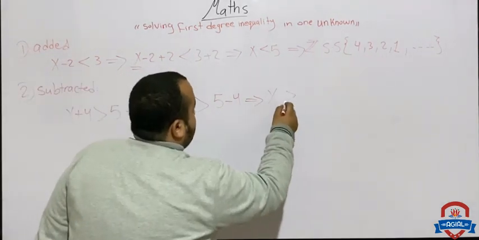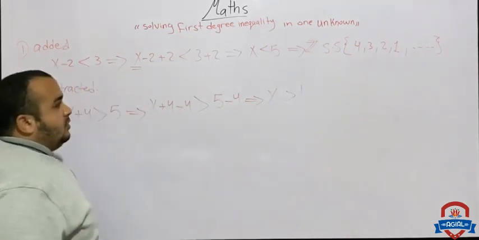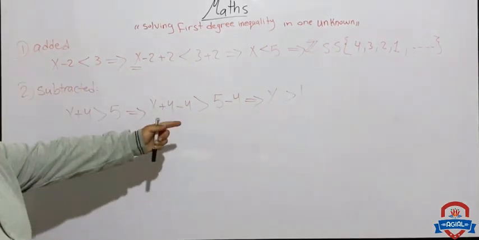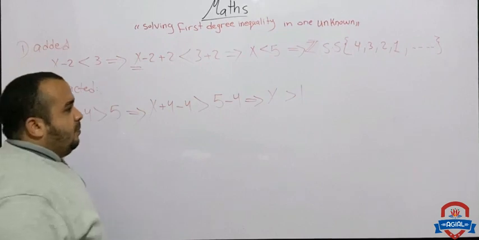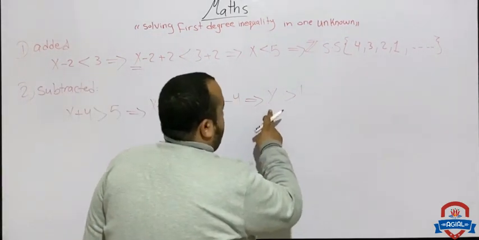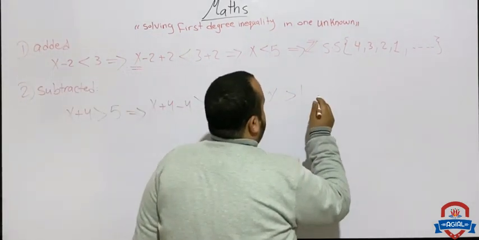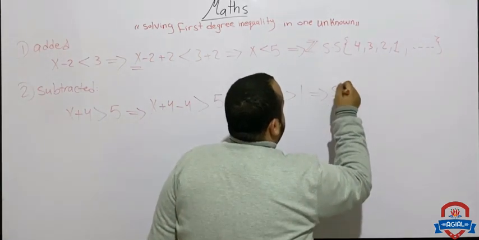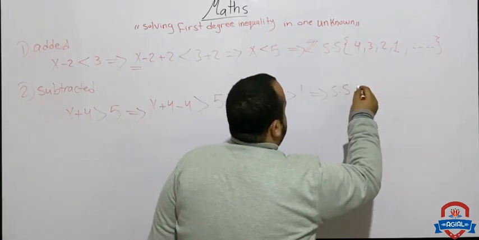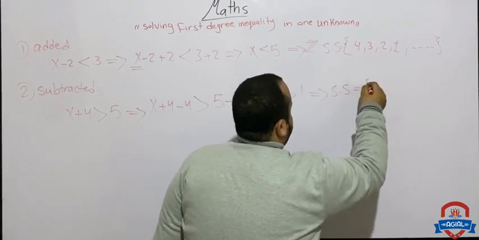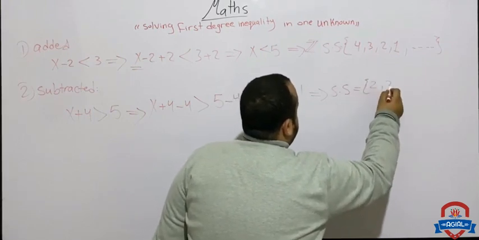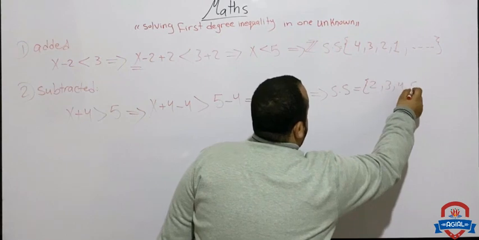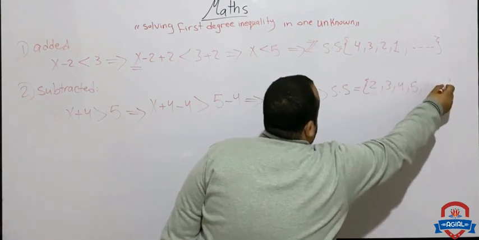So the solution of this inequality equals numbers greater than 1. So the solution set of this inequality in the set of integer numbers equals the set of 2, 3, 4, 5, and so on.